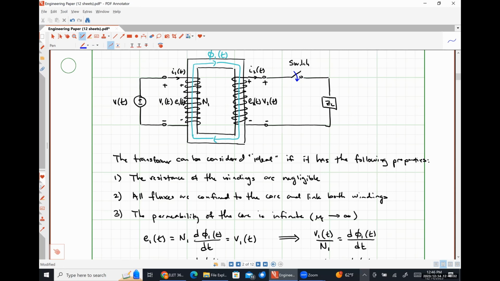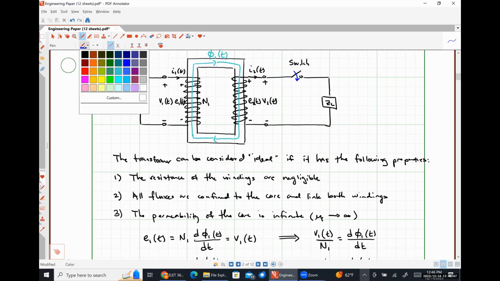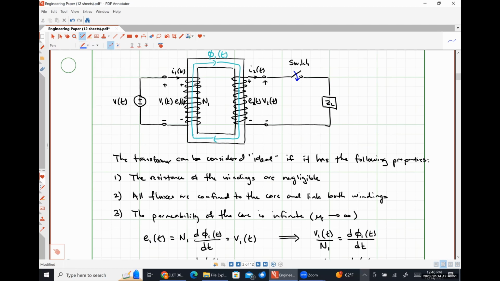So our flux generated by our second coil, let me do it in a slightly different color, is going to be passing around the circuit also in this same direction, right?